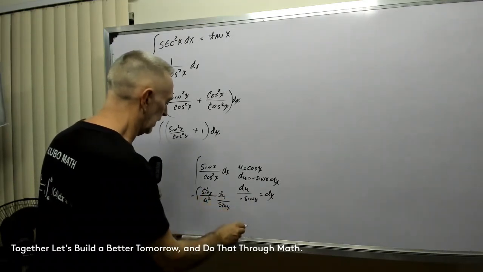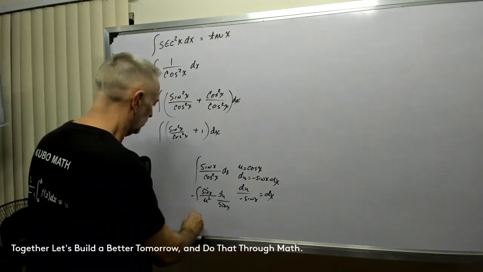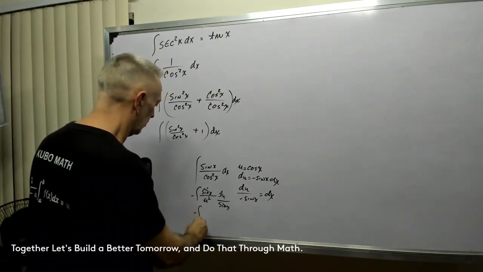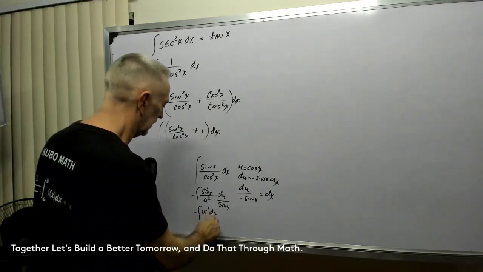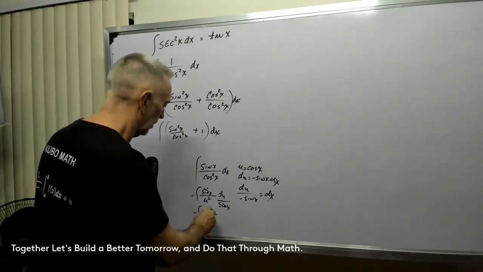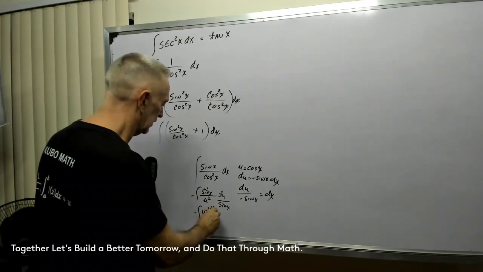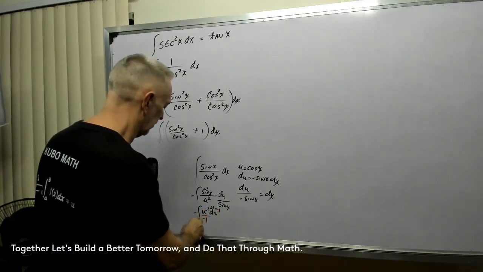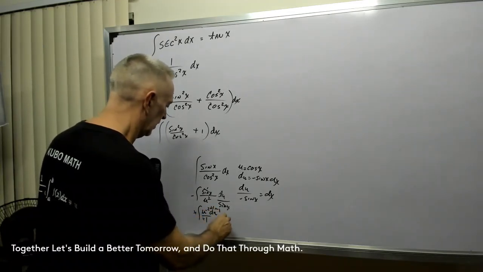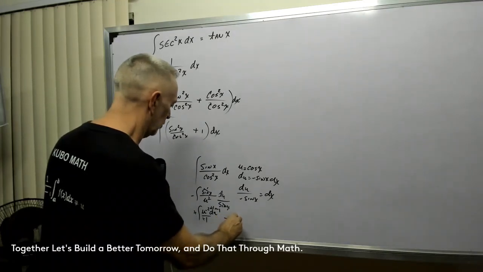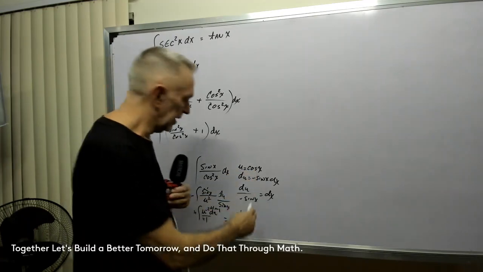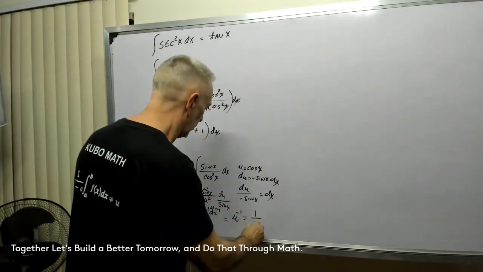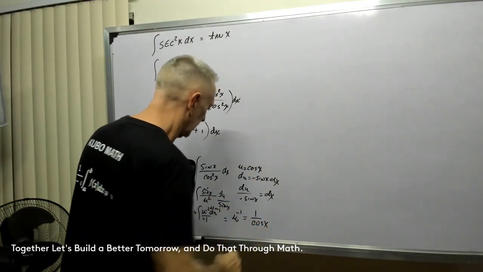So the sine x's cancel, and I have negative the integral of u to the negative 2 du. If I increase that exponent by 1, that's negative 1. Divide by negative 1, the negatives cancel, and I end up with u to the negative 1. Well, u was cosine x, so that equals 1 over cosine x.